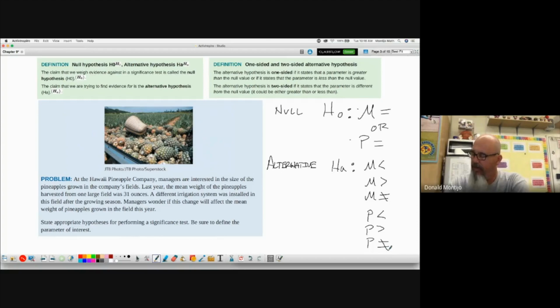These would be called one-sided alternatives because we believe that it's on one side of the claim. Like the free throw example, we would say P is less than, because we don't think he truly shoots 80%. A two-sided alternative would be, we're not sure, we just think that your claim is wrong. We don't know if you shoot less than 80% or more than 80%.